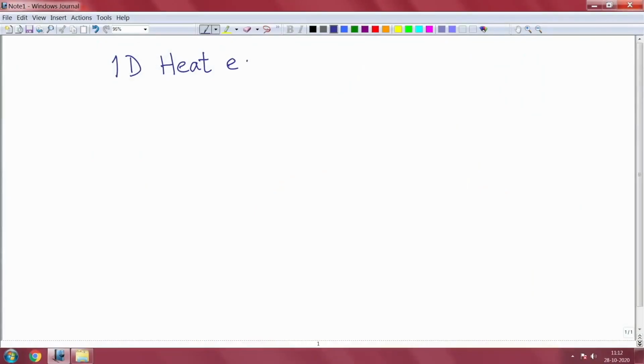Today we will study the 1D heat equation. So, this is an equation given by u_t equal to a squared u_xx.